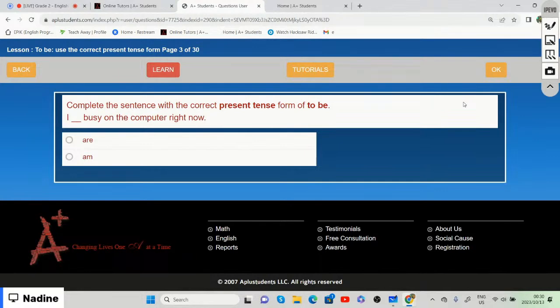So we need to choose the correct present tense form of to be, either are or am. All right, so we are basically going to say I am busy on the computer right now. I am.